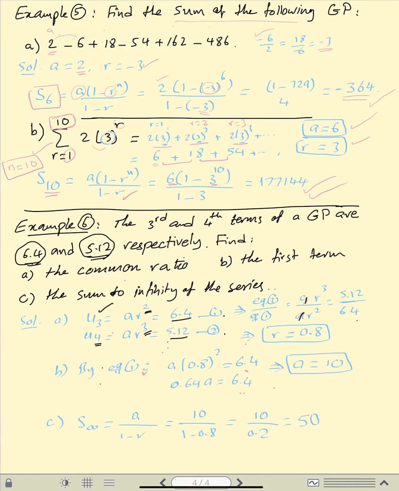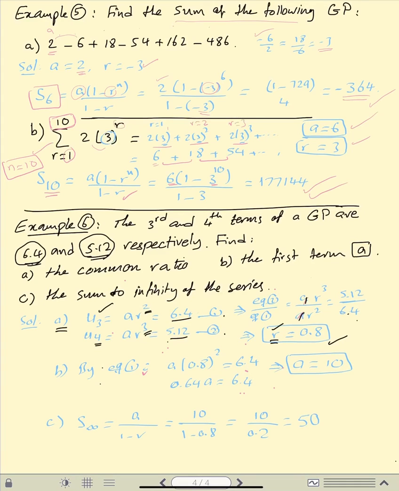R cubed over R squared is R. Divide this by the calculator, you will get R is equal to 0.8 or 4 over 5. So you find the value of R, so this is part A, this is done. Part B, he wants the value of A, the first term.